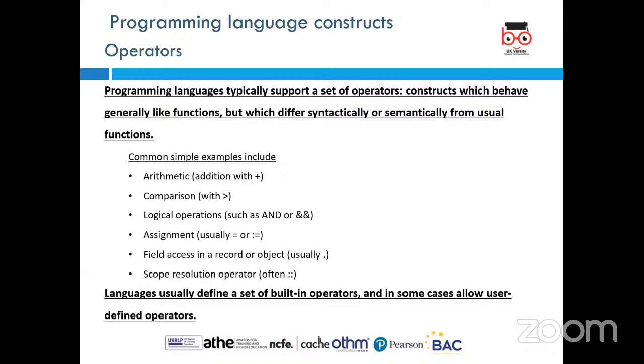When we have a double equal, it means that the value has to be equal to the other value. These are examples of common simple operators. Most of these languages define a set of built-in operators, and in some cases they allow user-defined operators.